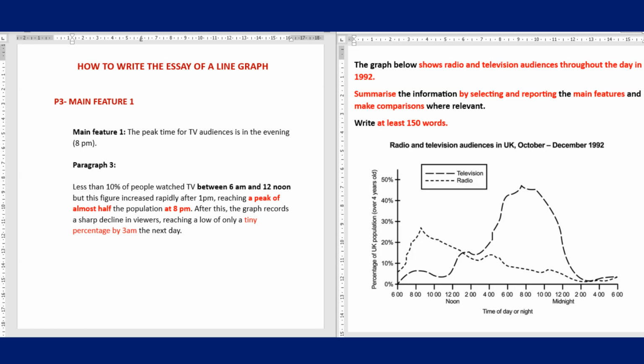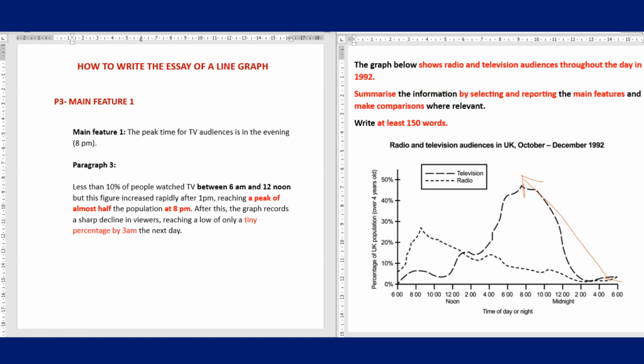Okay. After this, the graph records a sharp decline. So after the peak, it shows a very sharp decline. You can see that there are some words I'm using here which show the extent of the decrease. So these are some of the things you can also be using.